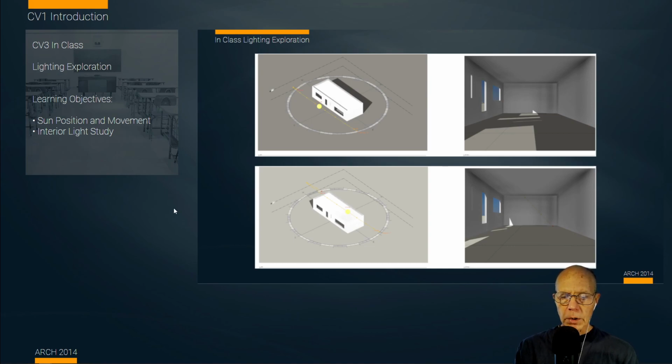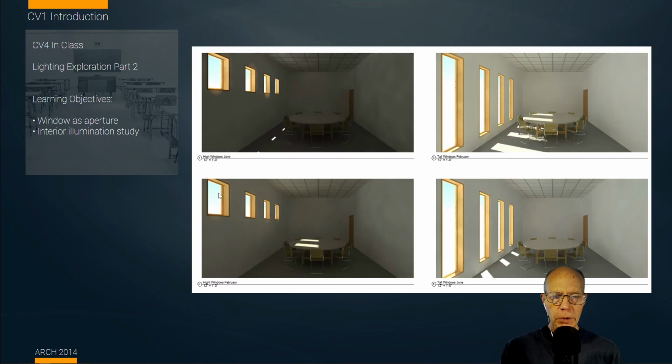Lighting's really important, understanding how light plays on surfaces, how the building is lit with respect to its orientation on the site. And so we do a couple of in-class learning exercises where we see the power of our modeler to accurately portray lighting situations. So we'll make just a simple box and punch some holes in it, and then look at how light plays with different shadows at different times of the day, and then how to do that and communicate it.